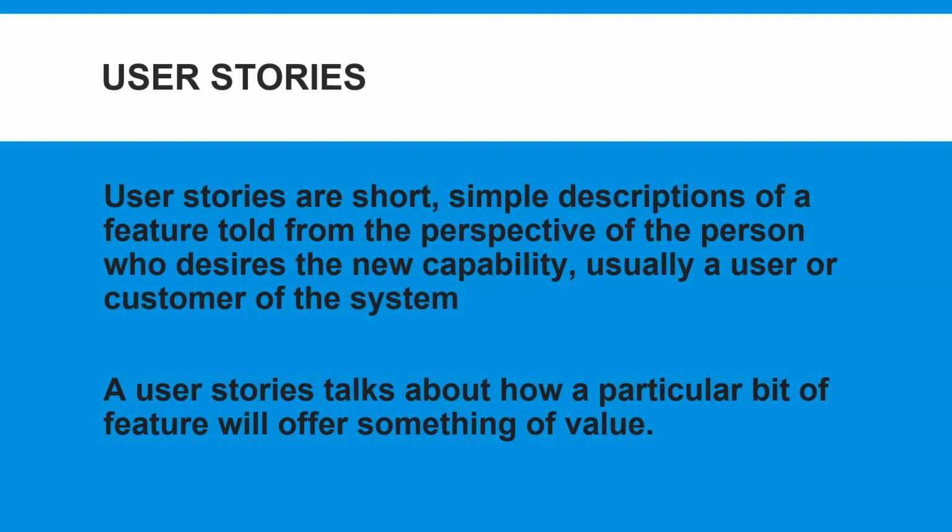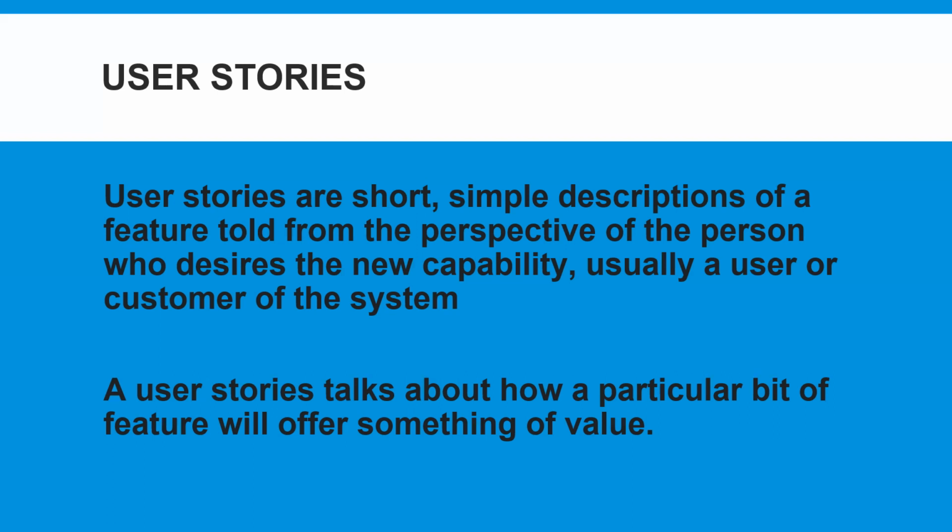So when you're writing the user story, you're putting yourself in the place of the business that you're working for, or the person or the team that wants that new capability. So you're saying me, you're talking as if you're the one that's going to enjoy the benefits of that new system or the new capability or the new feature, whatever we call it. Okay, so you write it from that perspective.